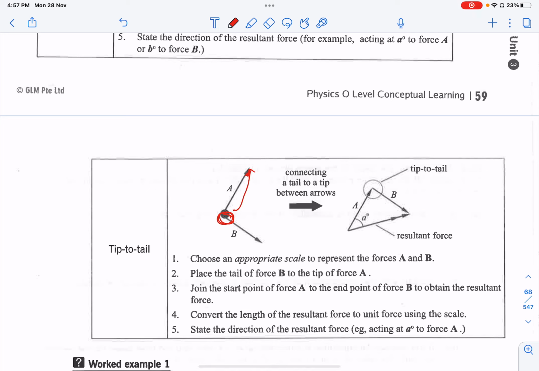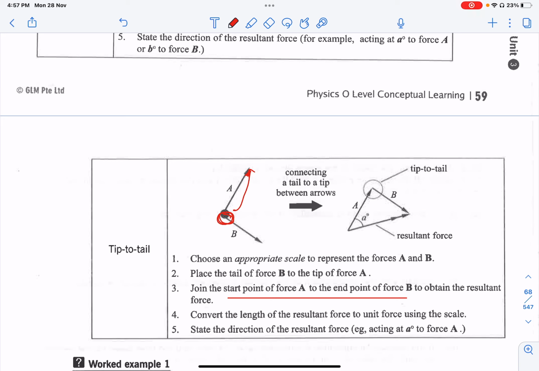Tip means the starting arrowhead of A. So you bring the whole of B upwards. And then what you do is you join the start point of A to the end of B to obtain the resultant force. Okay?